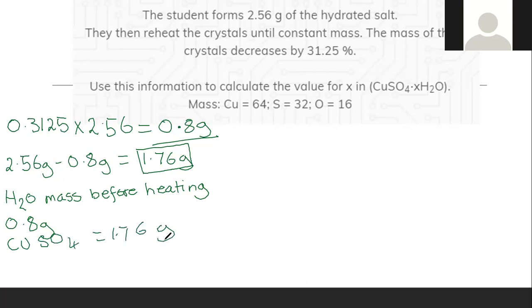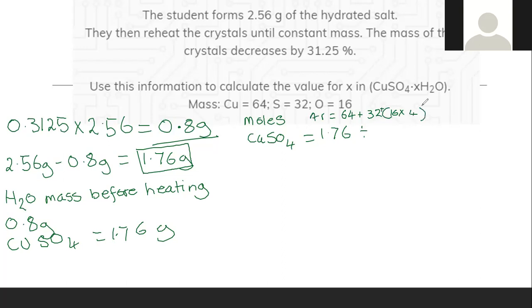Now we want to go on to calculate our moles of copper sulfate, moles of CuSO4. We're going to take our mass, 1.76, and divide it by our relative molecular mass. To work out our relative molecular mass, we do 64 for copper, plus one lot of sulfur, which is 32, plus 16 multiplied by 4.